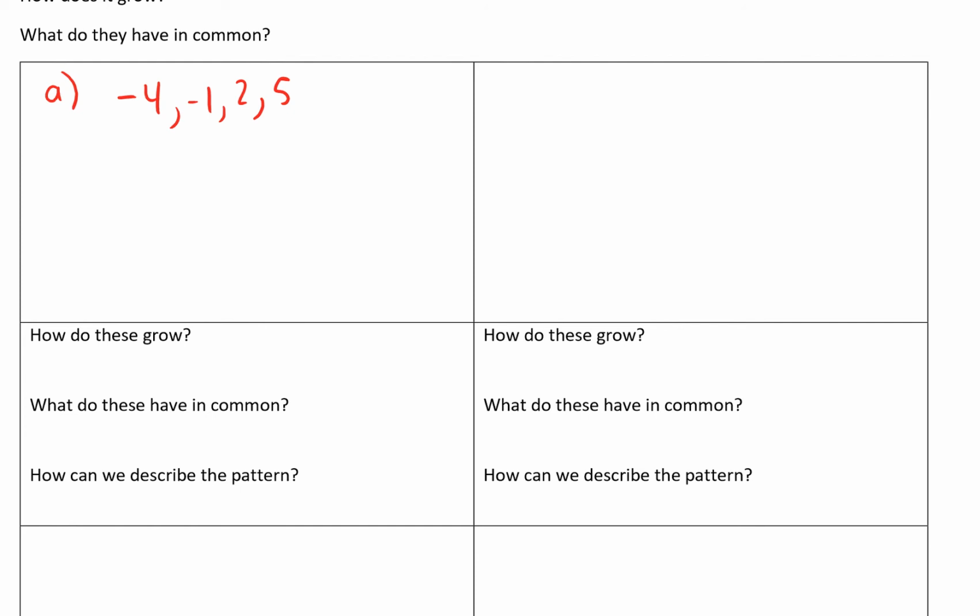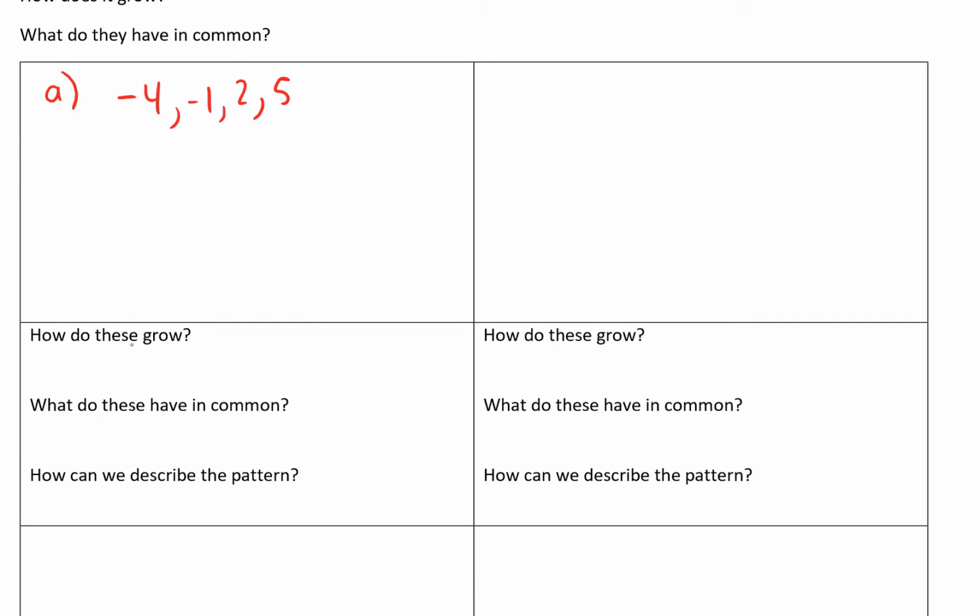So -4 plus 3 is -1, -1 plus 3 is 2, and 2 plus 3 is 5. So I could look at other sequences and see if any of them are created by adding the same positive number or adding the same negative number continually to move the list forward. So that's one possible way, right?